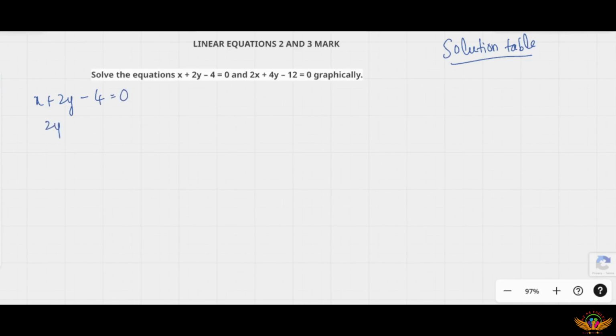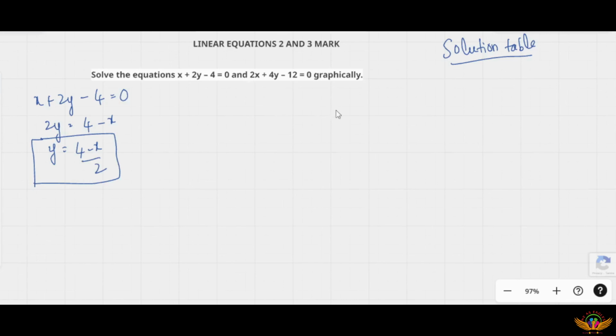So 2y is equal to 4 minus x. Minus 4 becomes plus 4, plus x becomes minus x. y is equal to (4 minus x) by 2. This is the y value. We will assume x values, substitute them in the y value, and write the values of y as well.